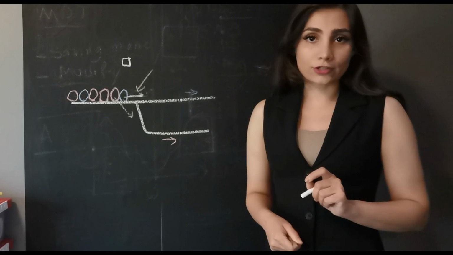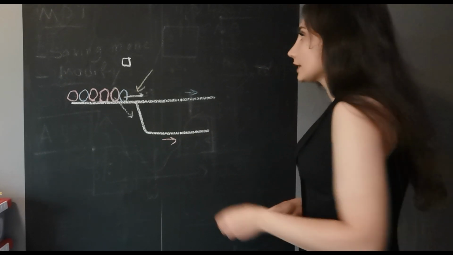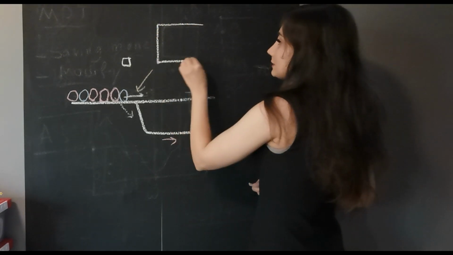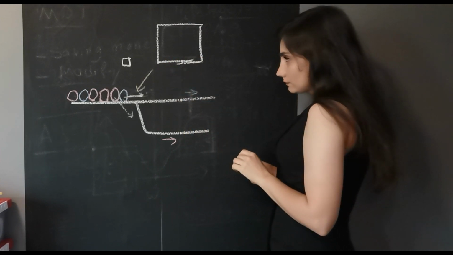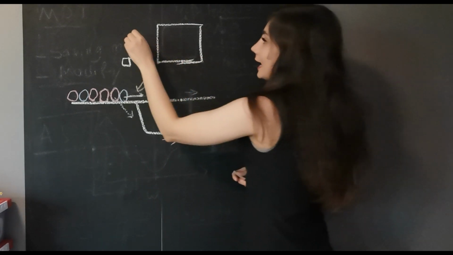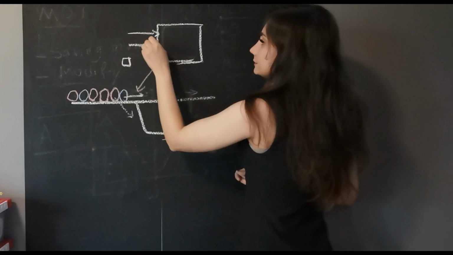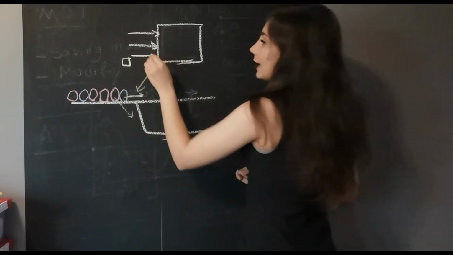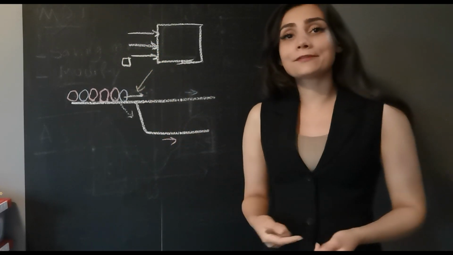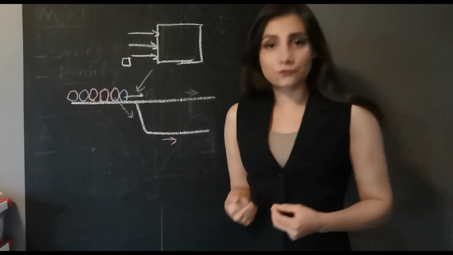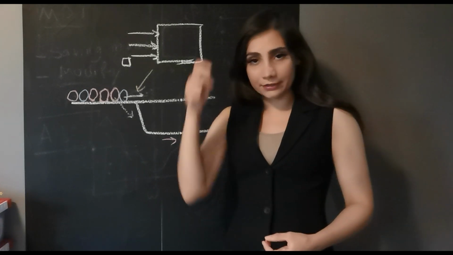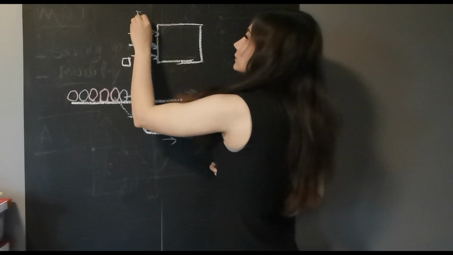Now let's take a look at the structure of a PLC. So if this is the PLC, we have inputs coming in. These inputs can be switches or different types of sensors, anything that gives information to the processor. So these are inputs.